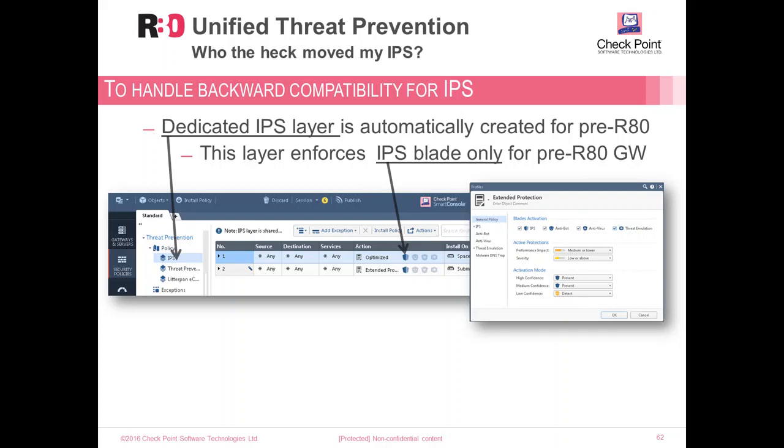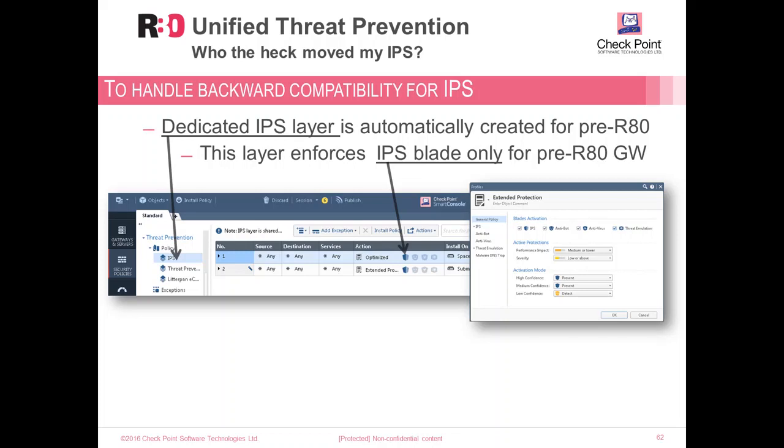This layer is a shared layer over all the different policy packages inside your security management server. Basically, what this layer does is assign the IPS blade only for the pre-R80 gateway, because as you might remember, we could only have one protection profile for IPS per gateway in pre-R80. So this is for backward compatibility.